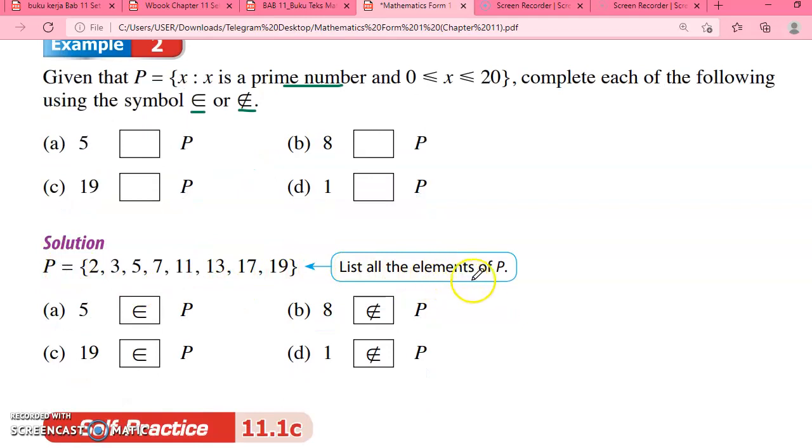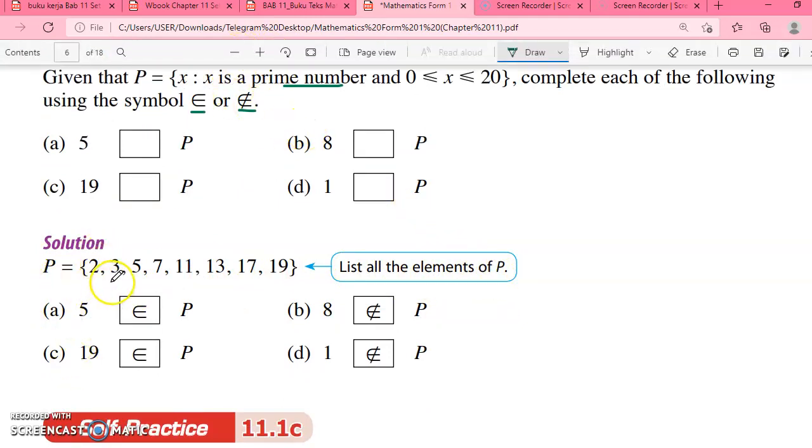For P, you list all the elements of P. P is the prime numbers 2, 3, 5, 7, 11, 13, 17, 19. So 5 is an element of P. 6 is not an element of P. 19 is an element of P. 1 is not an element of P.